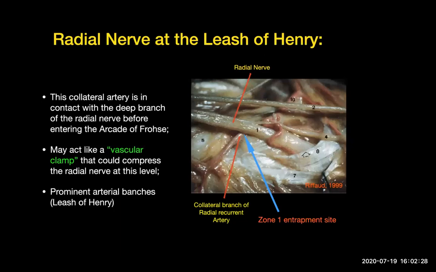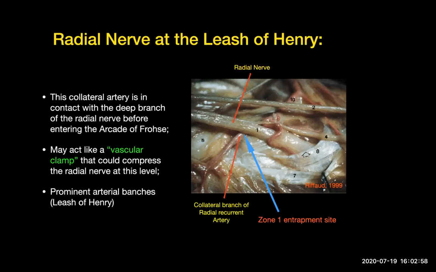So the next one after that would be at the leash of Henry. Now, when you scan the radial nerve right at the elbow area, you put the probe very close to the lateral side, and as you move it back and forth, back and forth, you see the supinator muscle.